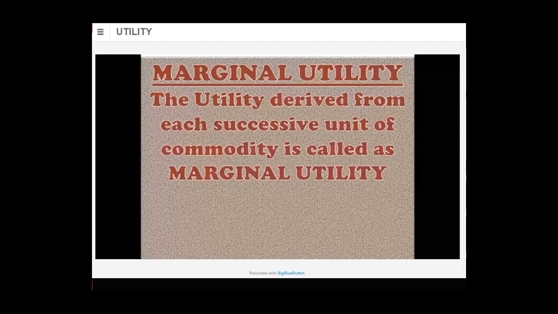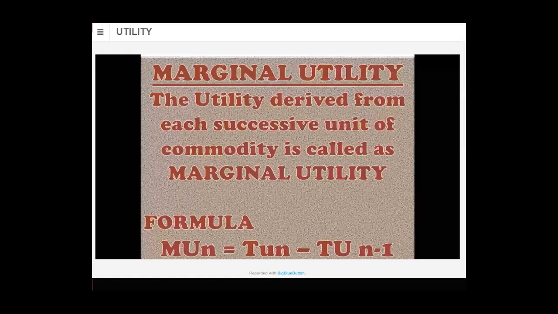Remember, marginal utility is calculated with the help of a formula. MUn is equal to TUn minus TUn minus 1.